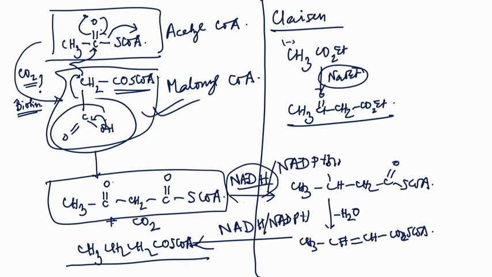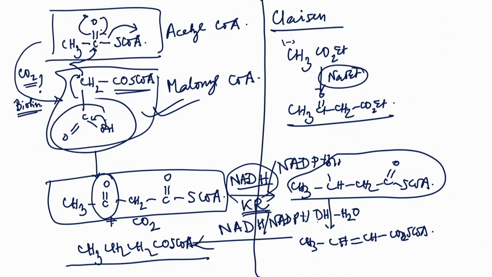So, what is reduced? A ketocarbonyl. The enzyme which does that will be called KR. What is KR? Ketoreductase. Then the enzyme which causes dehydration will be called dehydratase, DH, and then the enzyme which does this reduction of the double bond is called ER. What is ER? Enoyl reductase.